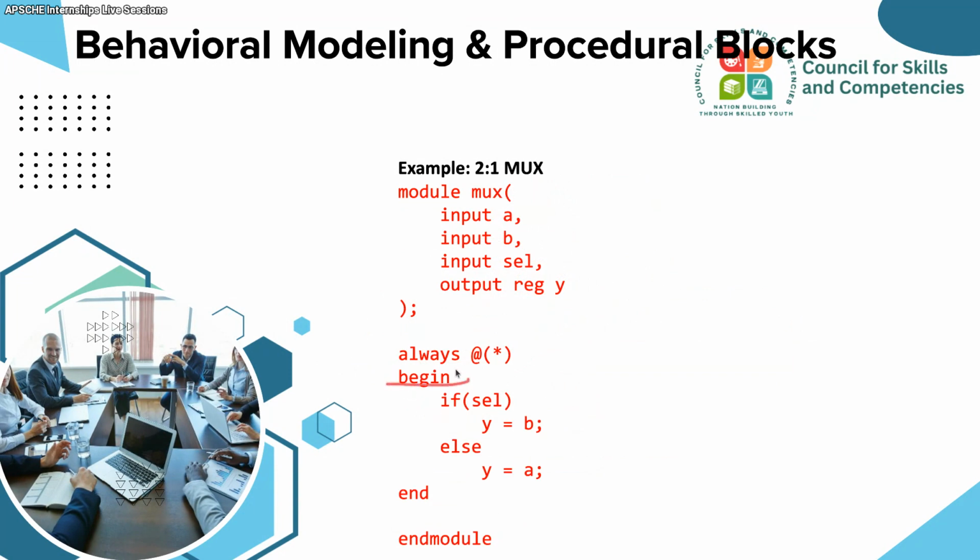So the begin and the end, and then star. If the select pin is 1, then it goes to this pin, or else the output is given to A. A simple thing. The same we can do with wire type also, using continuous assignment. That is somewhat different.